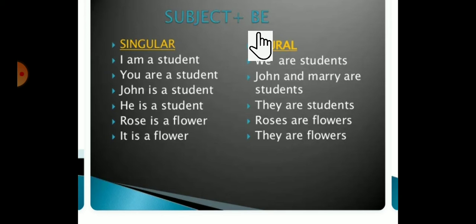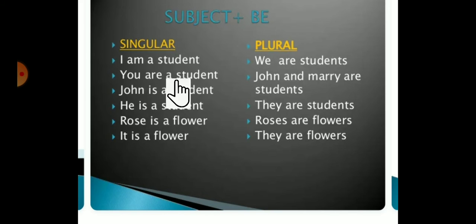Again, there are 8 different forms: is, am, are, been, be, has, have, etc. They are called auxiliary verbs. Instead of the main verb, we can use the be form of the verb.